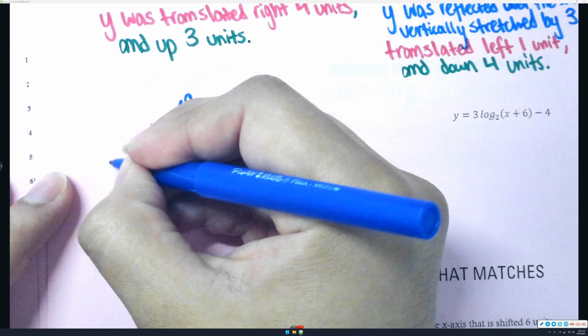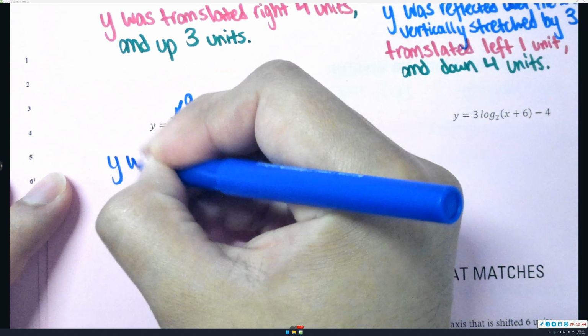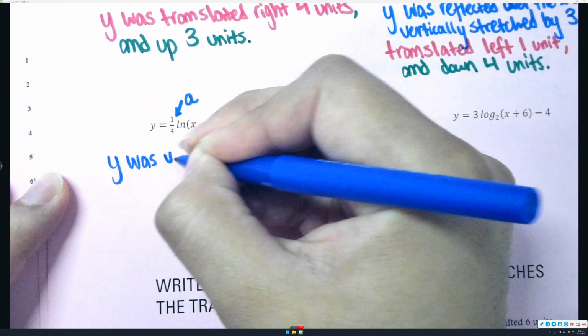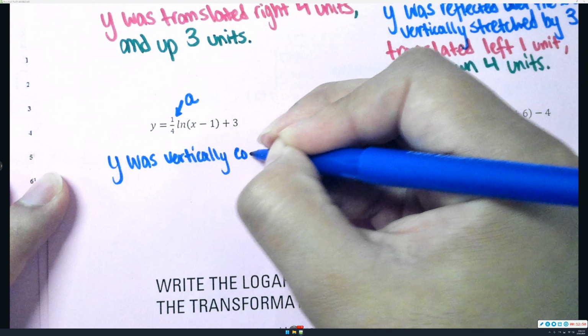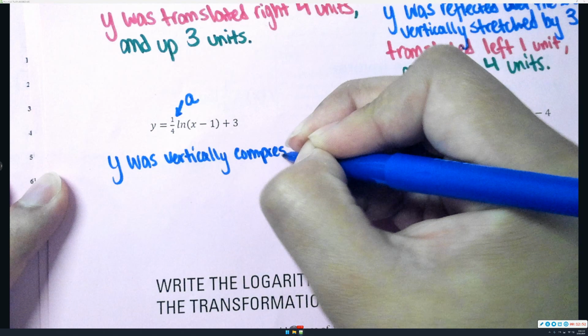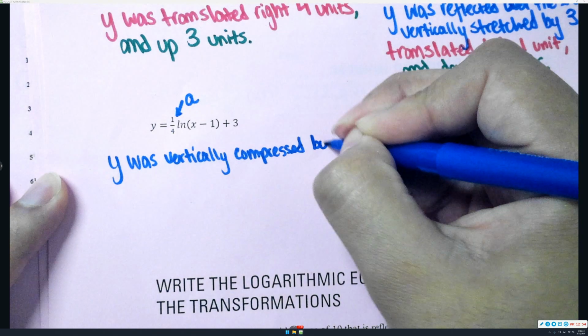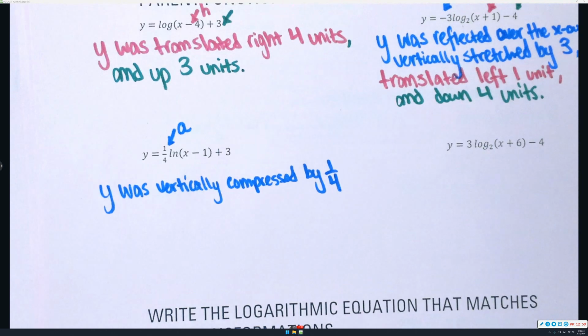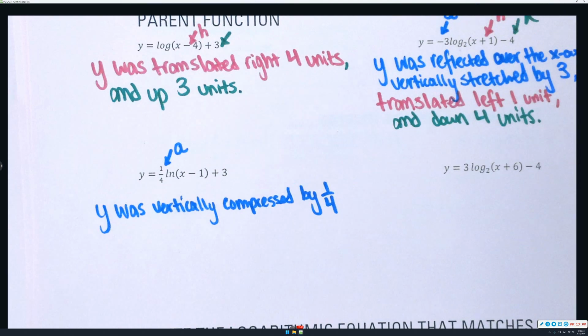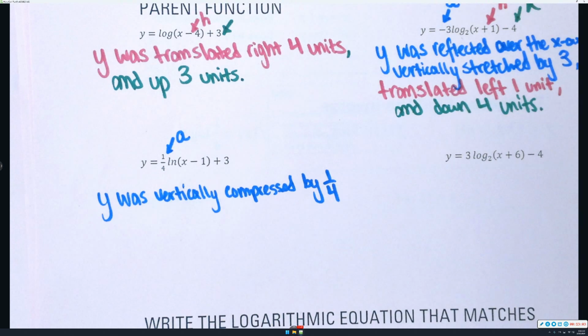Let's write that down. y was vertically compressed by 1/4, okay, comma, and then we have what?